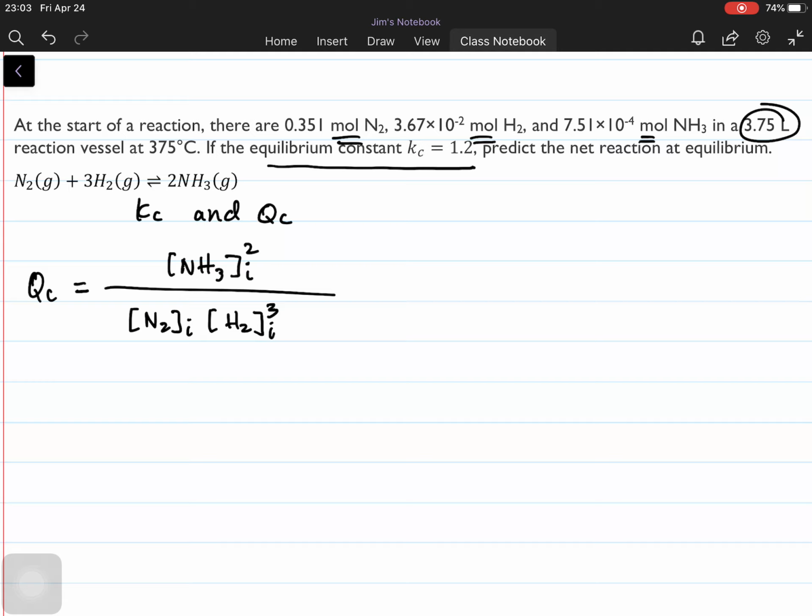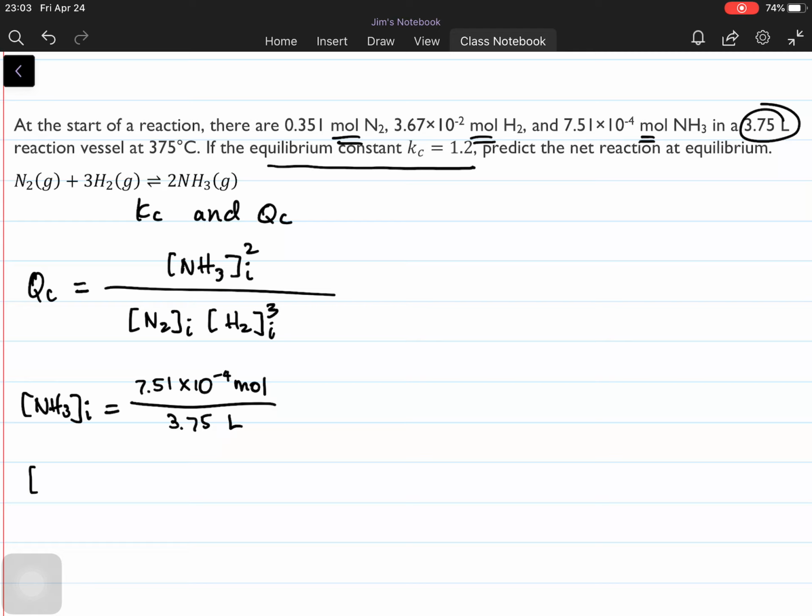So to solve for the initial concentration of NH3, that is the moles of NH3, 7.51 times 10 raised to negative 4 moles, divided by 3.75 liters.